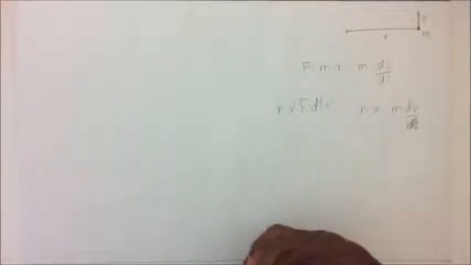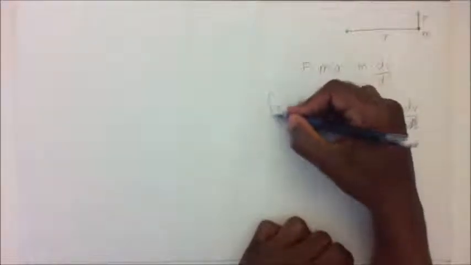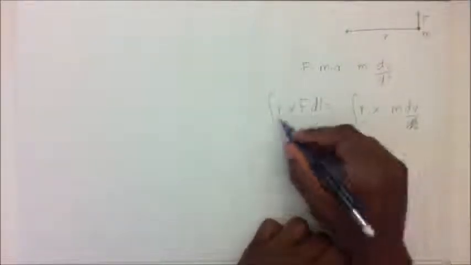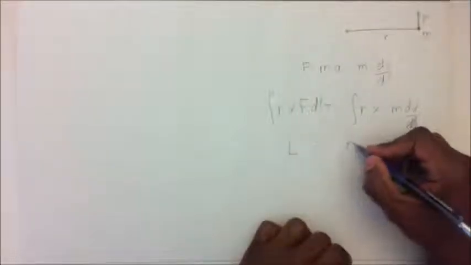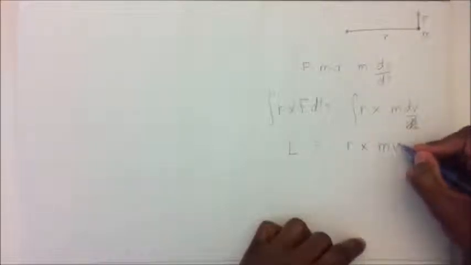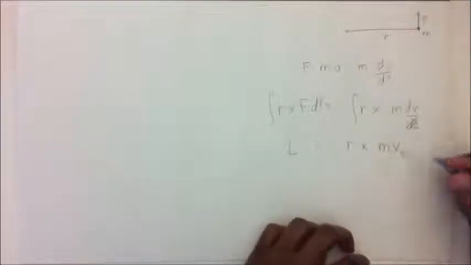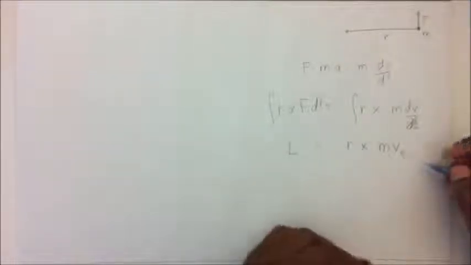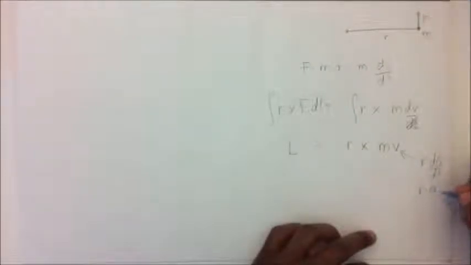Now if I integrate that, which is what I'll do to accumulate the result of the torque over time, I'll get an angular momentum, which we call L. And that is equal to the radius times the mass times the velocity, or the velocity can be related as the radius times d theta over dt, which is the same as the radius times theta dot.